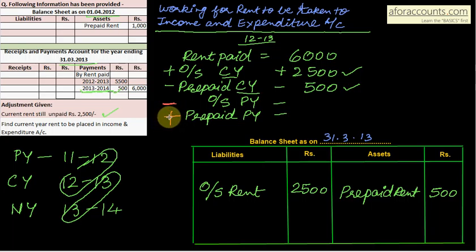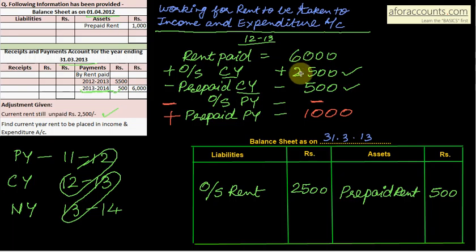Is there any outstanding of the previous year? No, I can't see any outstanding of the previous year. There is no amount here. Now prepaid rent: see last year's balance sheet, prepaid rent is given, 1000. Prepaid rent has to be removed from this. So 1000 prepaid rent, add 1000.